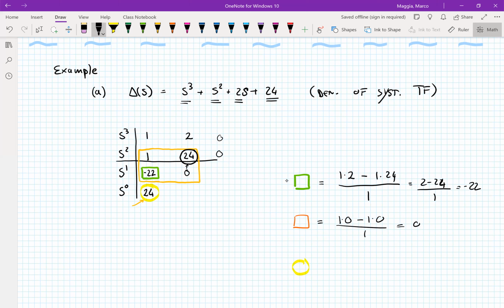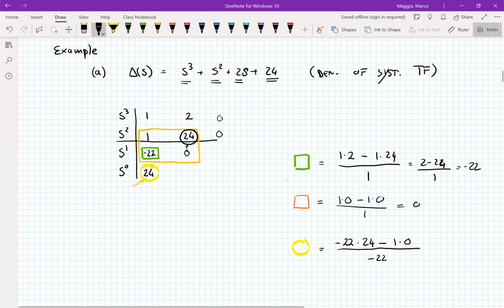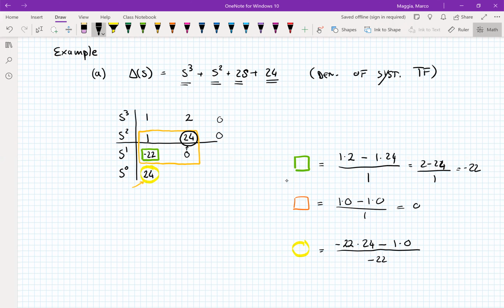This is just to speed up your calculations. Using the figure 8 technique, minus 22 times 24 minus 1 times 0, everything divided by minus 22. Here we are subtracting 0, so we have minus 22 times 24 divided by minus 22, which leads to 24.